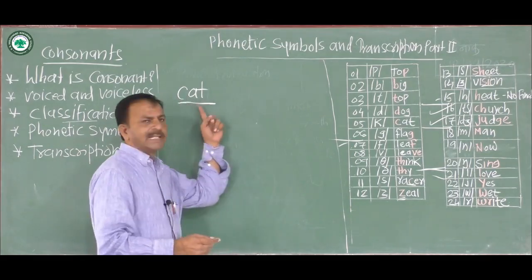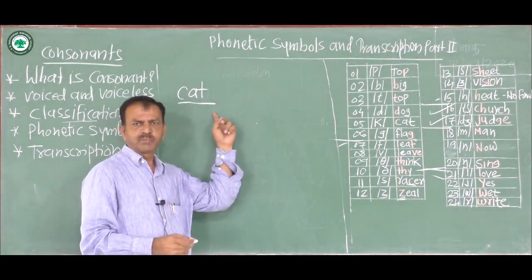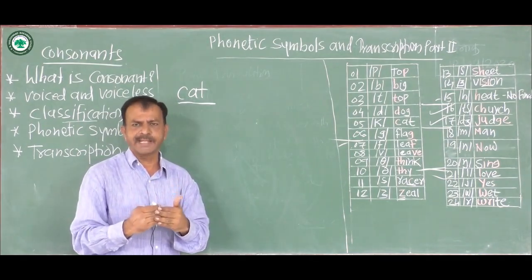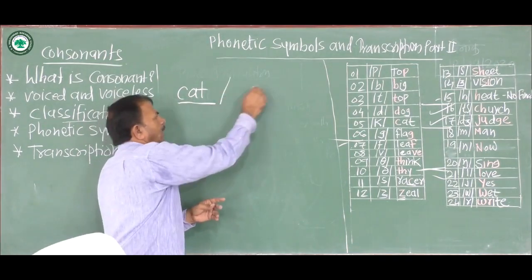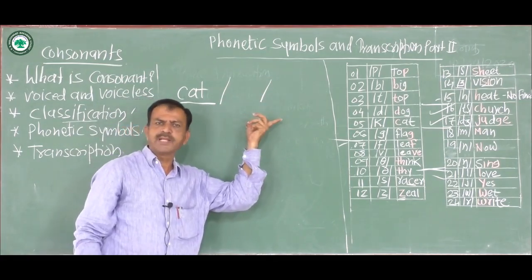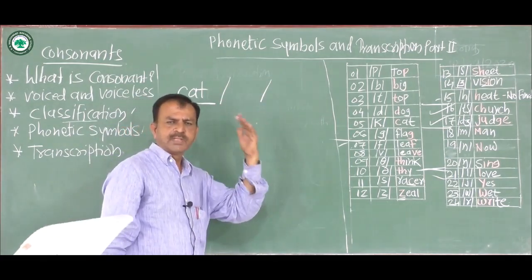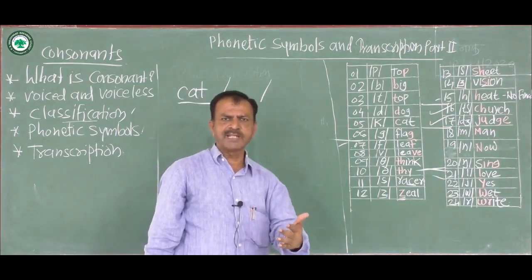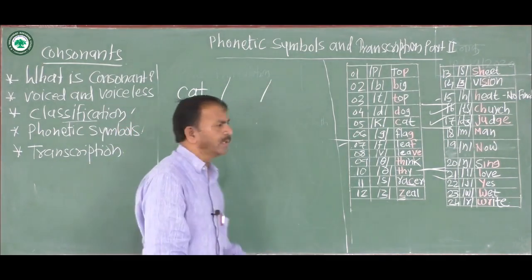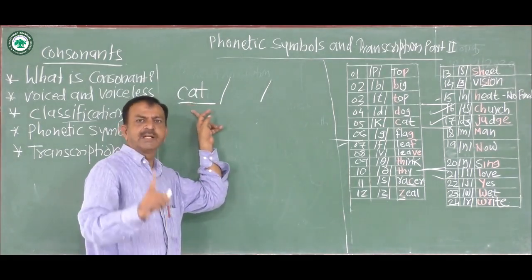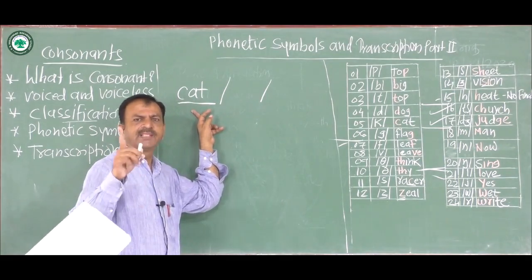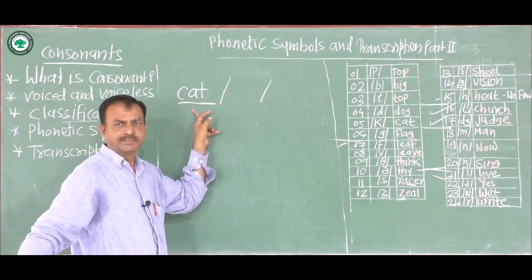For example, the word CAT is pronounced as cat. In the last video, I told you these are known as the diagonal lines. So the phonetic transcription is always written between the diagonal lines. The first sound is K, the second sound is A, and the third sound is T.